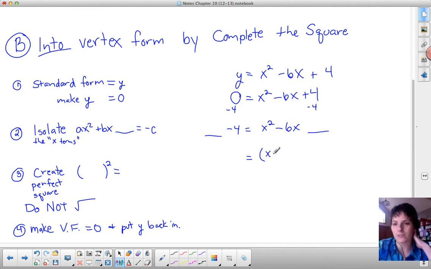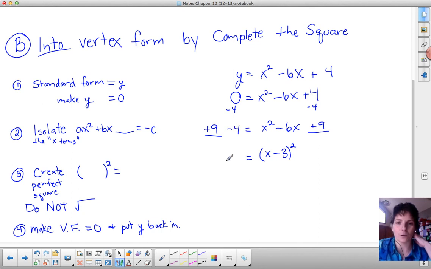We take our b value and divide by 2, so -3. And now I have a perfect square. I need to create a perfect square trinomial. So I take the 3 and I square it. So we'll add 9. And whatever I do on the right-hand side of the equation, I also need to do on the left.